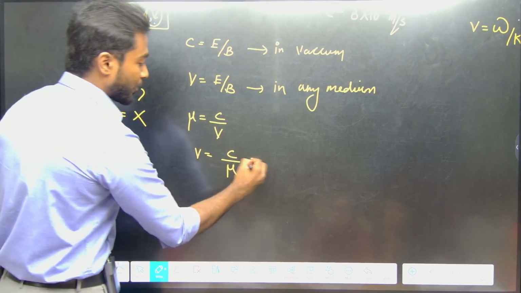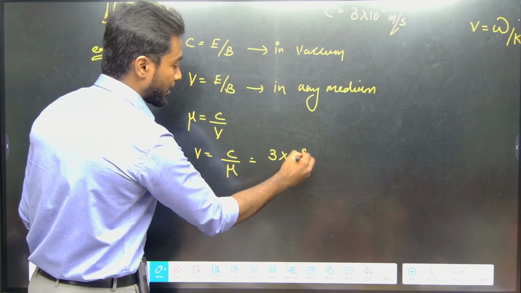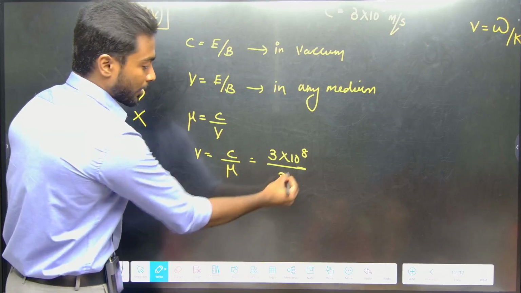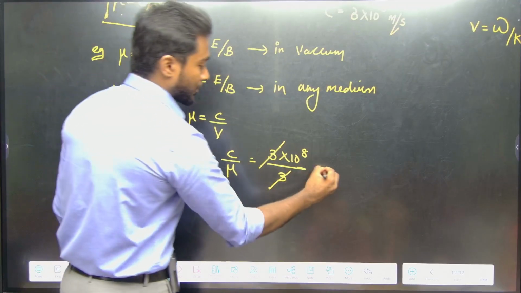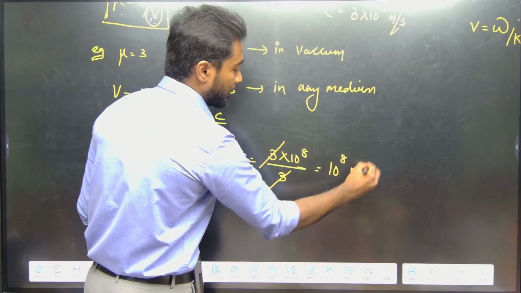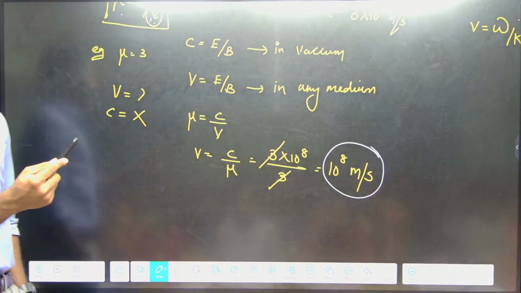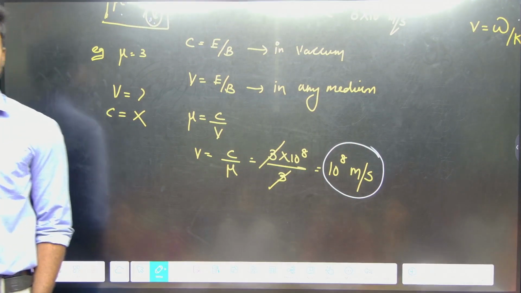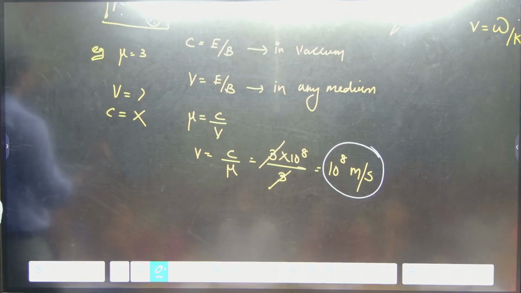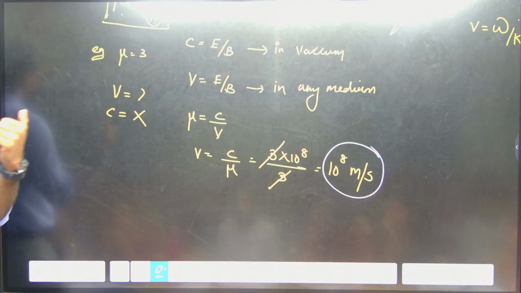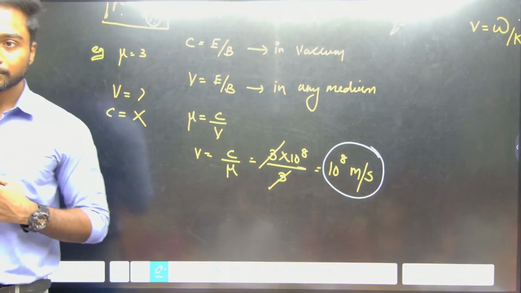C is 3 into 10 power 8 divided by 3; the 3s cancel. The value is 10 power 8 meter per second. I need to use this value for any medium. Any doubt here? This is how they will ask the question. We will do a question based on this; you can take this example.